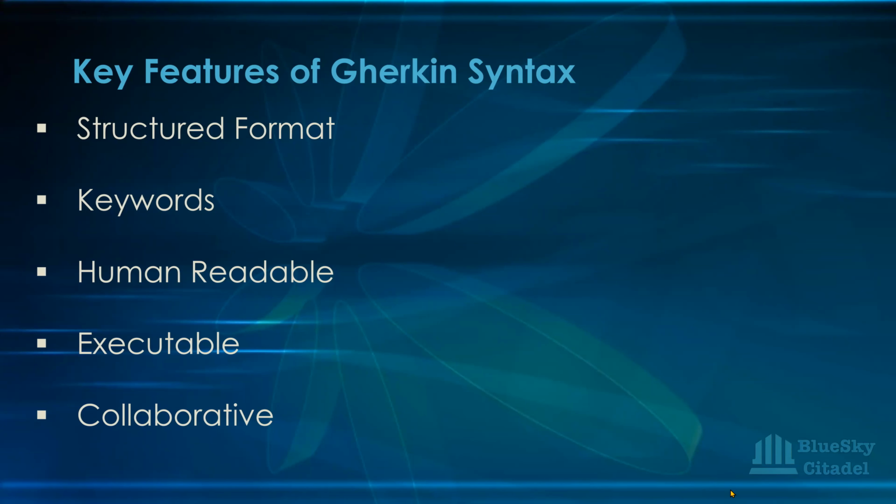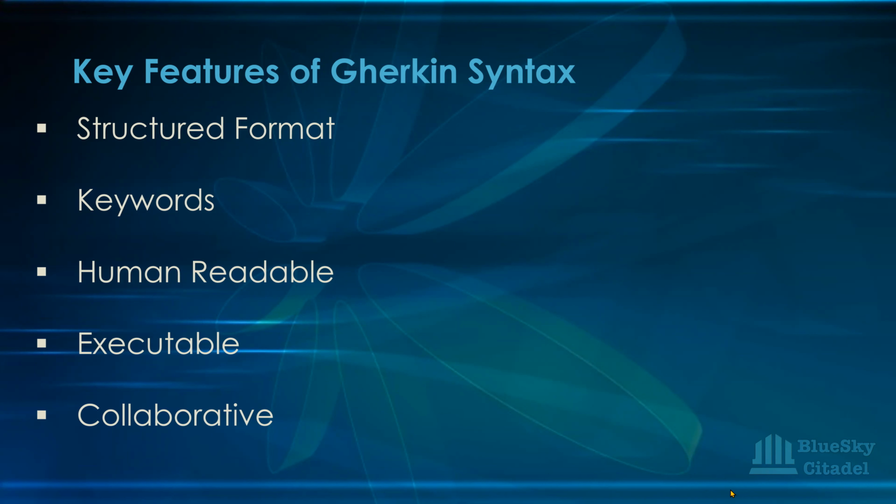The most common are: Feature, describing the high-level functionality; Scenario, describing the specific instance; Given, describing the context; When, describing the action or the trigger; Then, describing the expected result or the outcome; and And and But, describing additional steps for each of these keywords that I've mentioned.